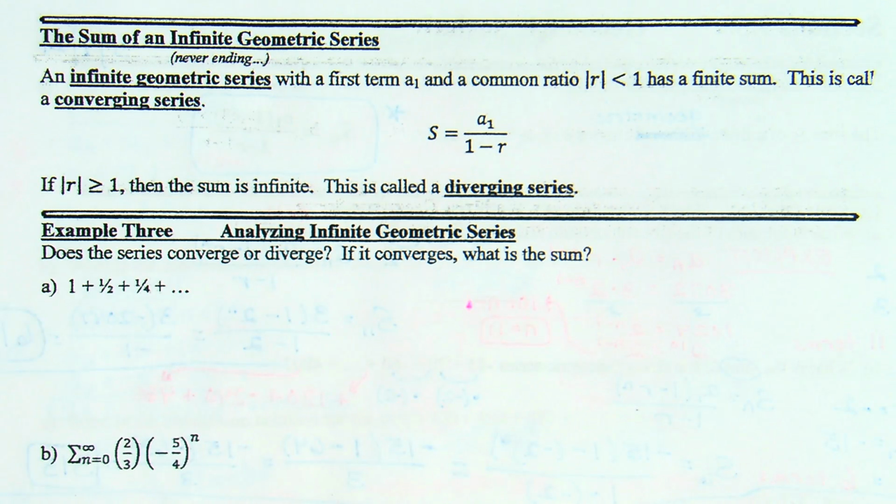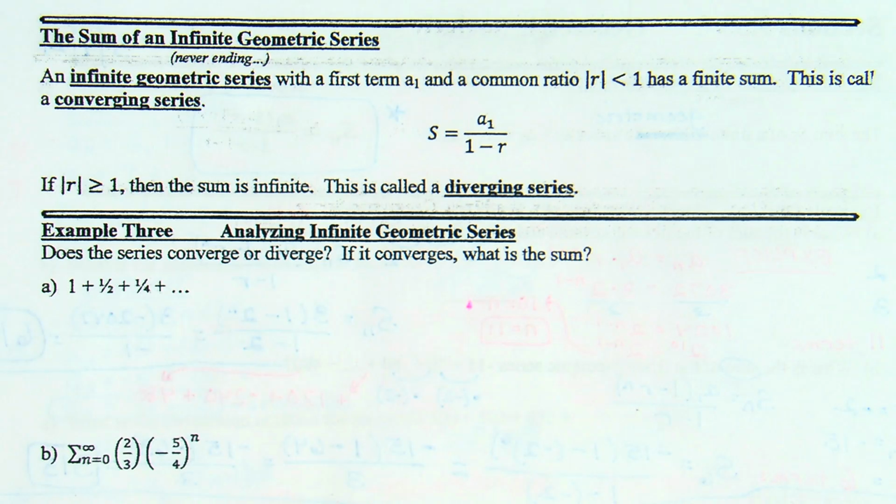Okay? So an infinite geometric series with a first term a1 and a common ratio where the absolute value of r is less than 1. The absolute value of r just means looking at the positive. Forget negative, because we all know negative just means my terms are going to alternate positive, negative. But if r is a number that is less than 1, it has a finite sum. Those numbers are getting smaller and smaller, and you can find the sum.